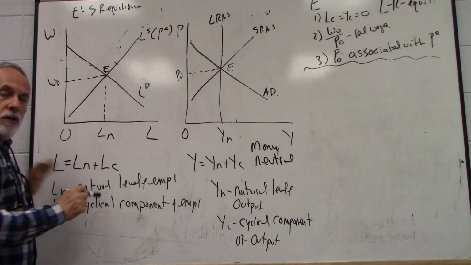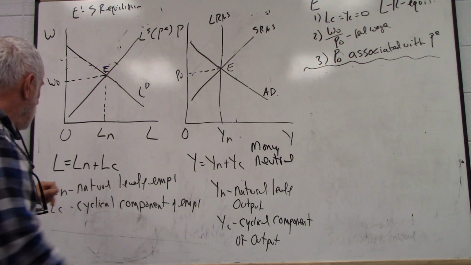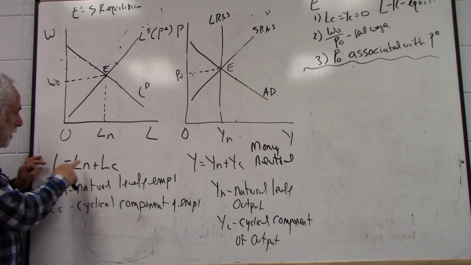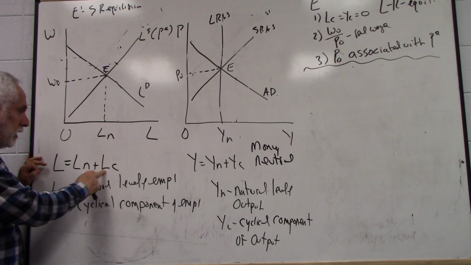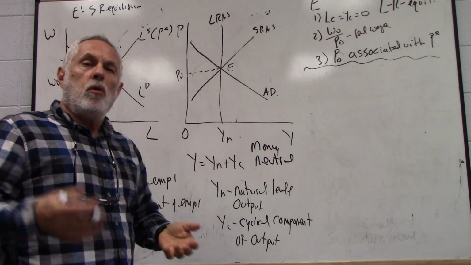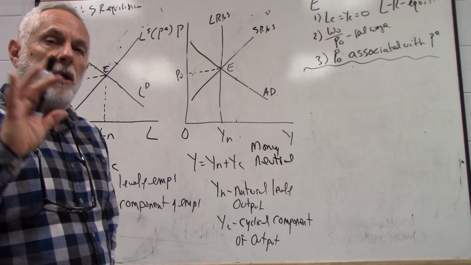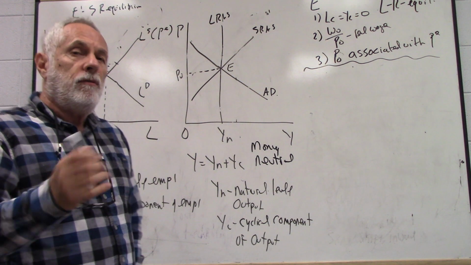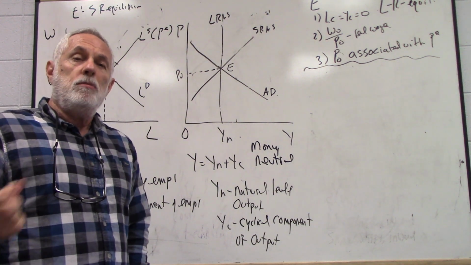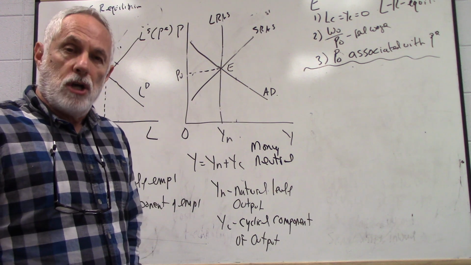Now, we've talked about this a little bit before, we're going to divide up employment into the natural level of employment and the cyclical component of employment. And the natural level of employment is the long-run equilibrium level of employment, or, which is not written down here, but you guys can write this down, it's the level of employment that would be forthcoming if the economy fully adjusts to all economic shocks.